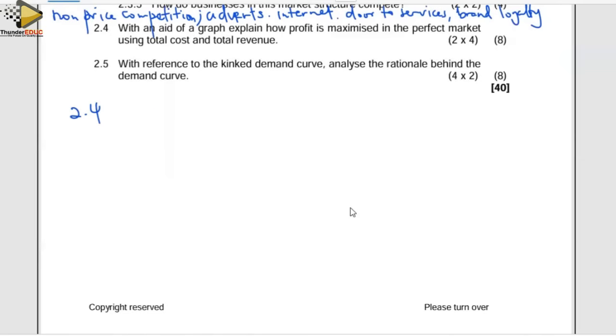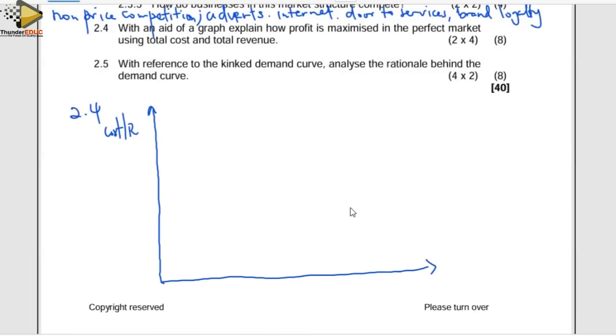So our graph is going to look like this. This is our vertical axis, and this is our horizontal axis for our quantity. So we have our costs or our revenue on the vertical axis, and on the horizontal axis we will have our quantity.